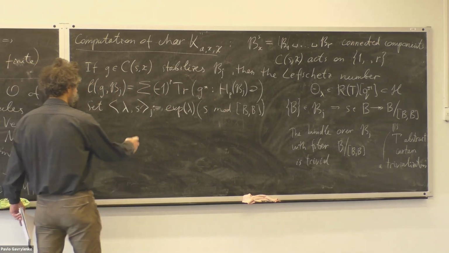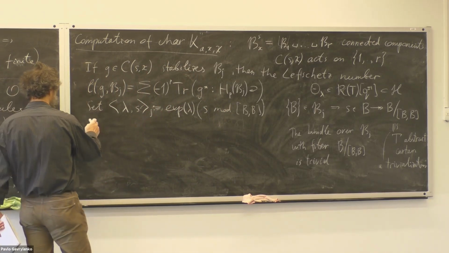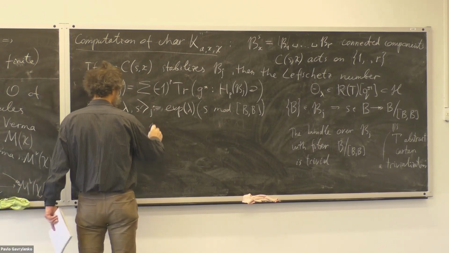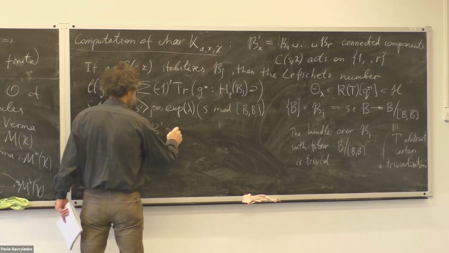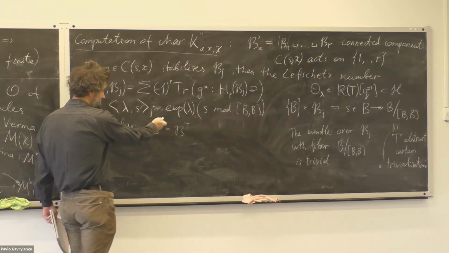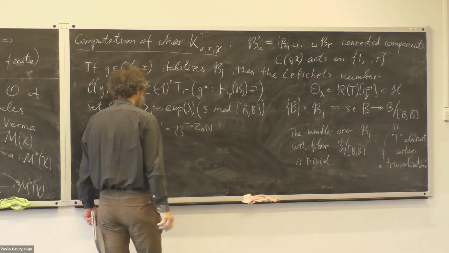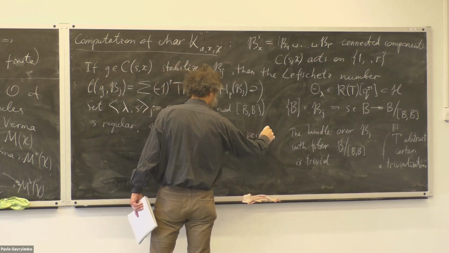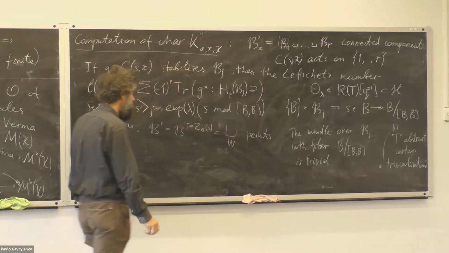Well, maybe I should say one other thing, that if S is regular, then as we noticed in the beginning today, the fixed point set is the same as fixed point set with respect to the whole torus containing S, the centralizer of S. And this is just the union of points numbered by the Weyl group.